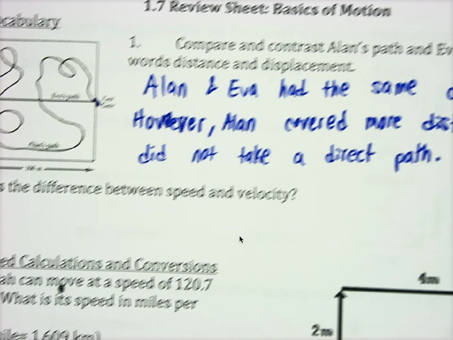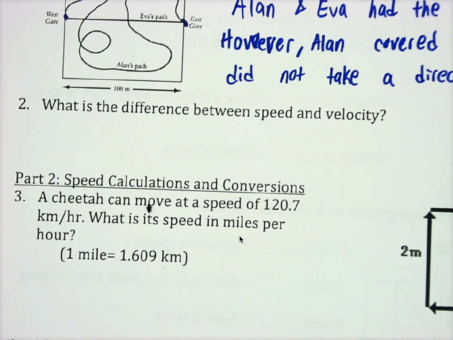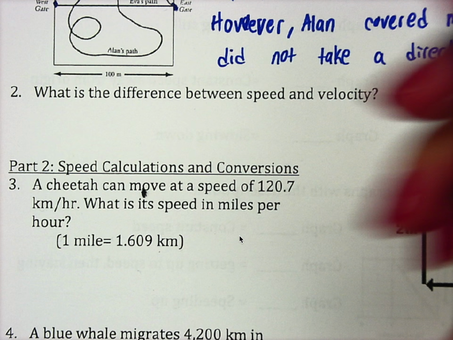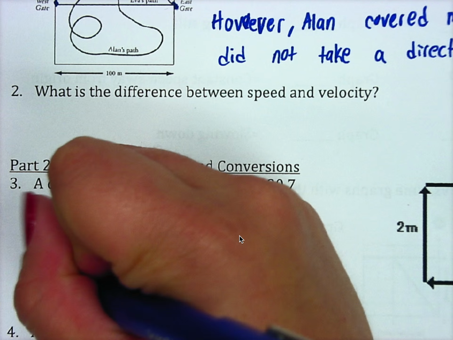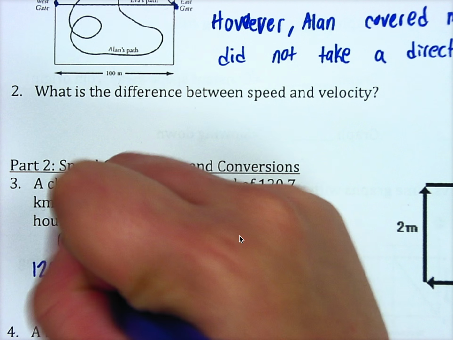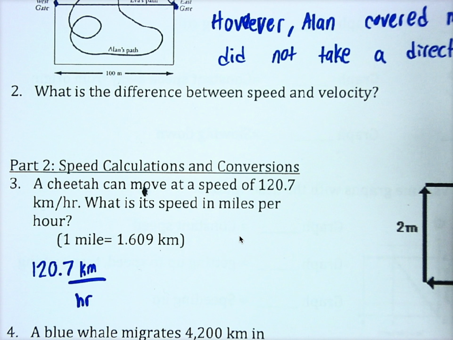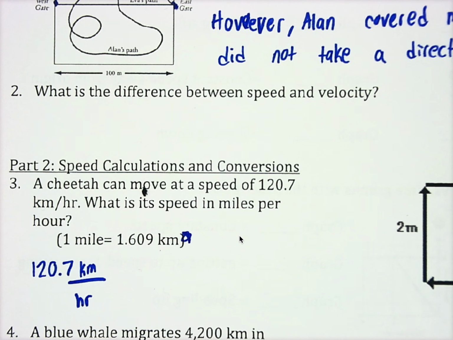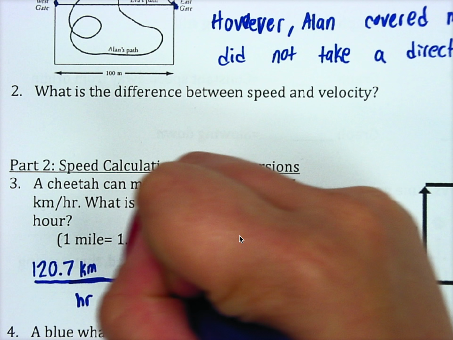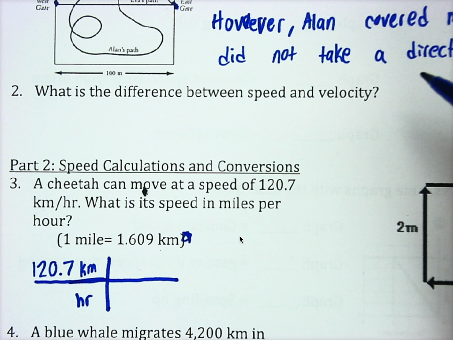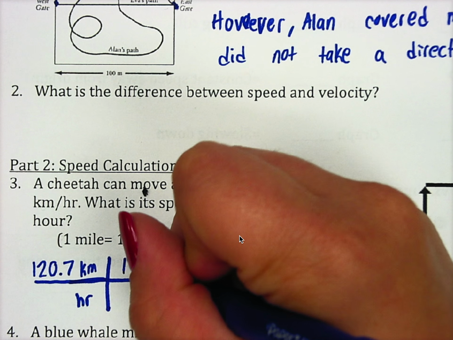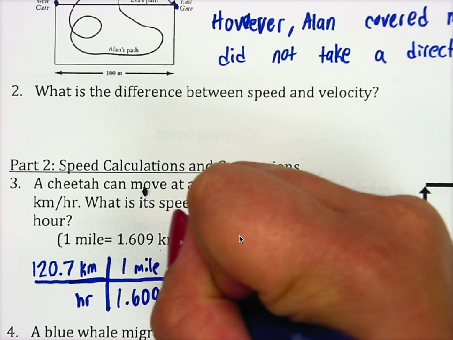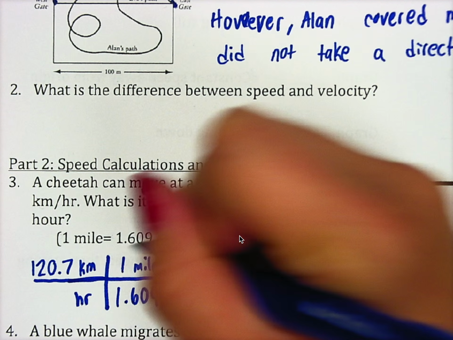All right, and then I'm going to go over a couple examples. First, a conversion one. A cheetah can move at a speed of 120.7 kilometers per hour. What is its speed in miles per hour? And we're given this conversion factor right here. So all I have to do is convert the kilometers to miles. So I know that 1 mile is 1.609 kilometers.